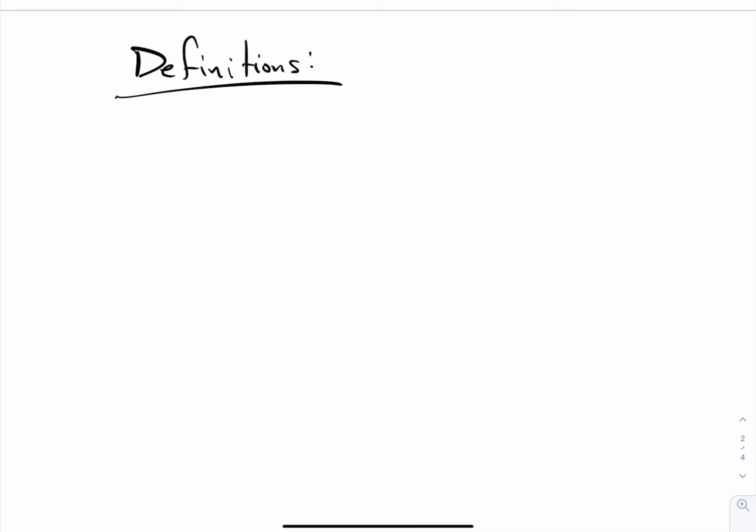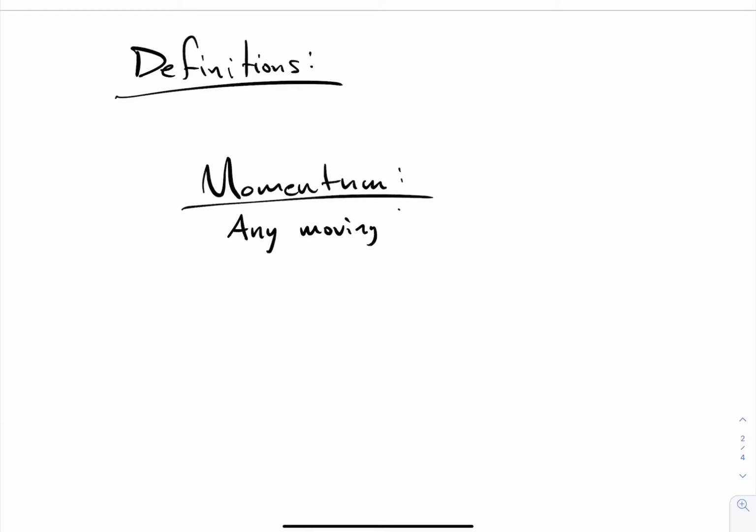So now let's get some definitions. So some definitions for you. I think we should probably start by defining momentum. Momentum. And I think maybe we could say that any moving body has momentum.